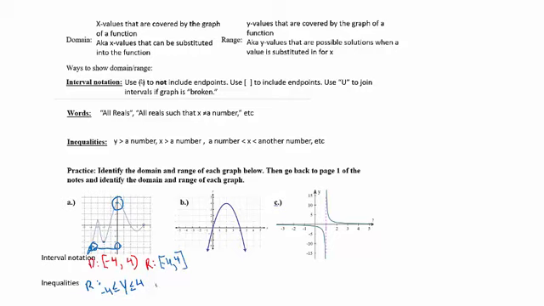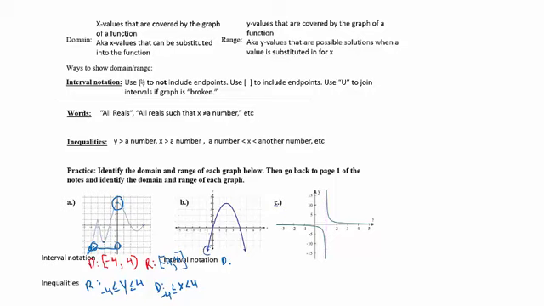And then for your domain, kind of the same idea. So you're going to have x values that are less than 4 and greater than or equal to -4. So anything less than 4 but greater than or equal to -4. So those are your notations. We'll skip the words for right now, just because they're not as popular. All right, so interval notation for here, we're going to start with domain.